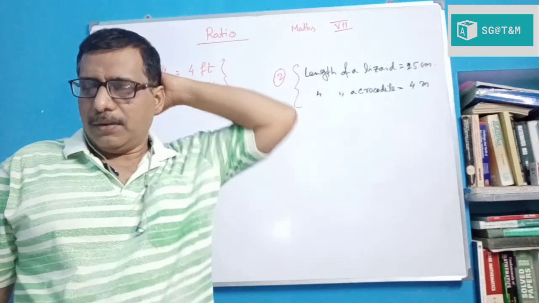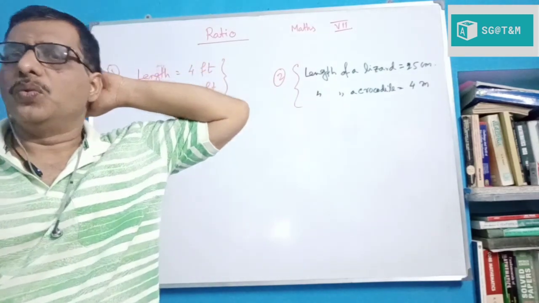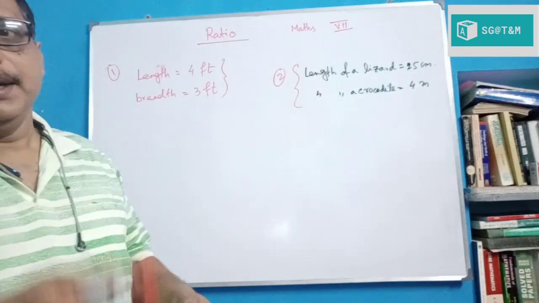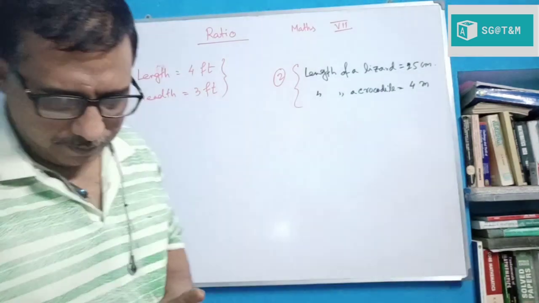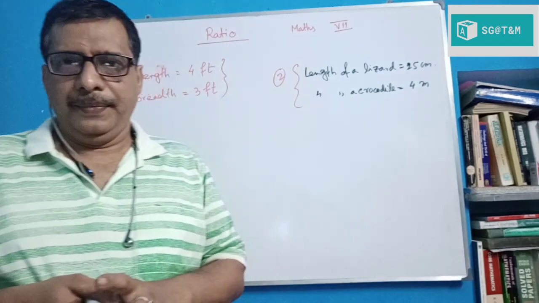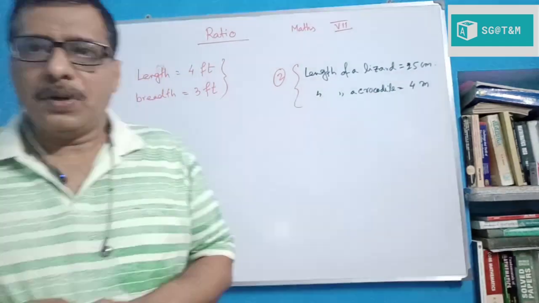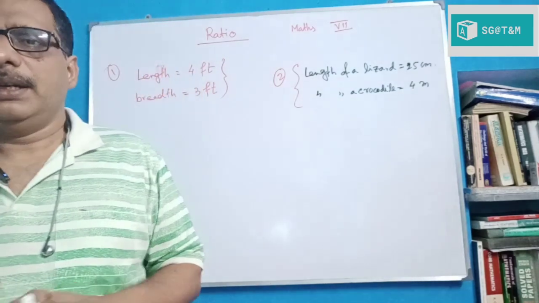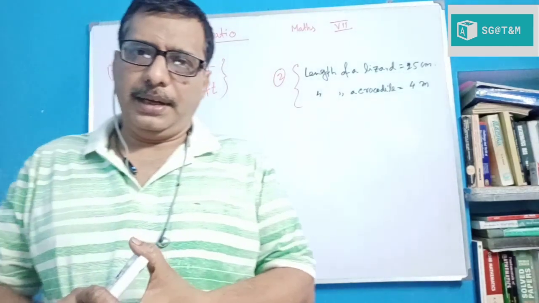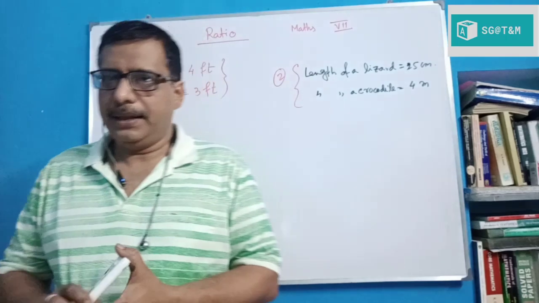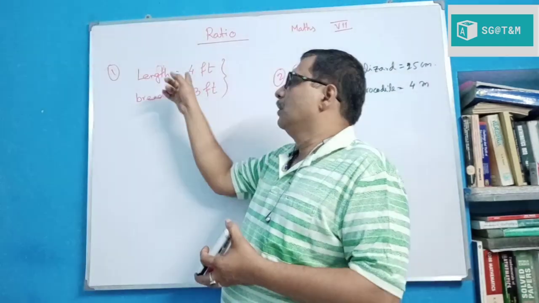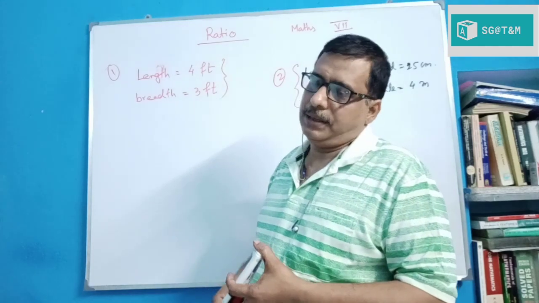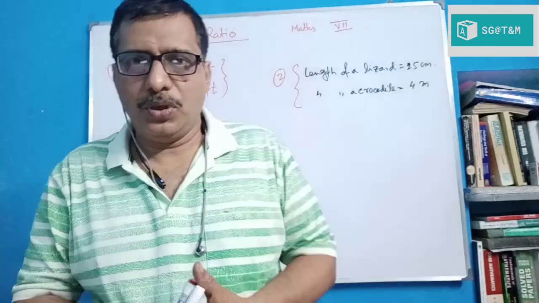Another way to compare these two is by dividing them. If we compare the lengths by dividing, then we get the ratio. This is the concept of ratio.